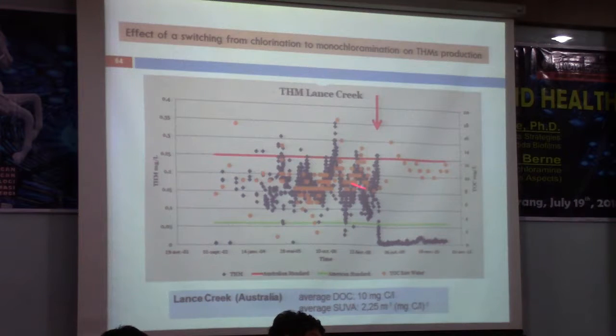So you have large production of THM above the regulation limit of Australia, which is 250 micrograms per liter. And when the plant switched from chlorine to monochloramine, you can see the level of THM below the limit, near zero, very low concentration of THM in the water, even if the concentration of TOC is high.